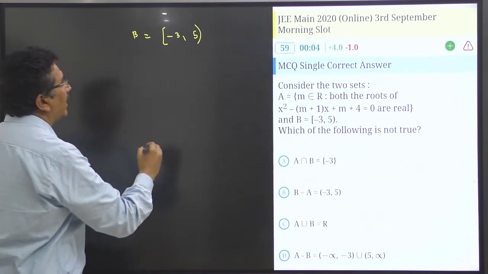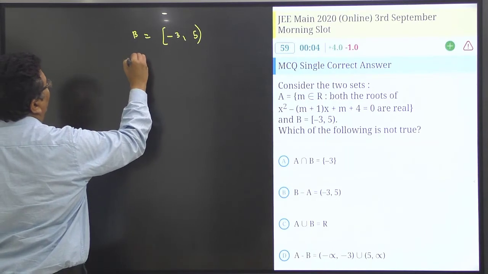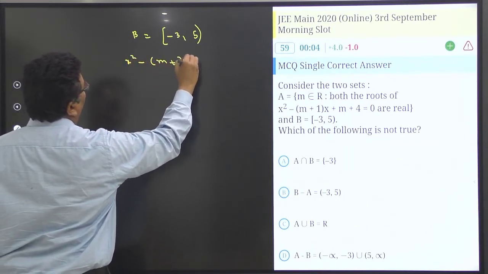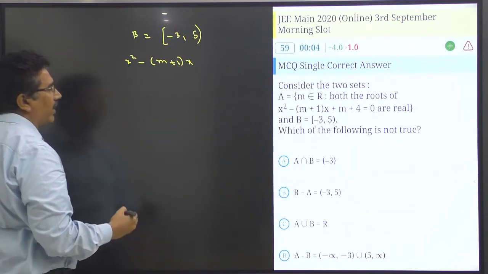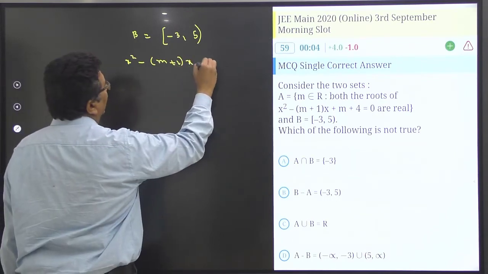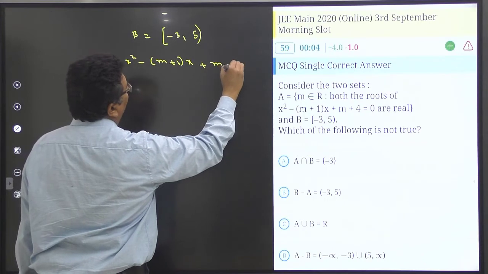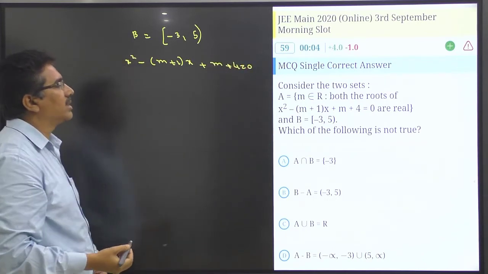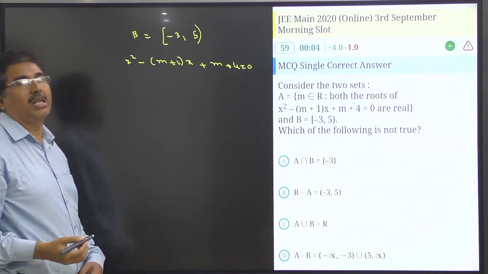Now the given quadratic equation is x square minus (m plus 1) x plus (m plus 4) equal to 0. Both the roots of this equation are real.